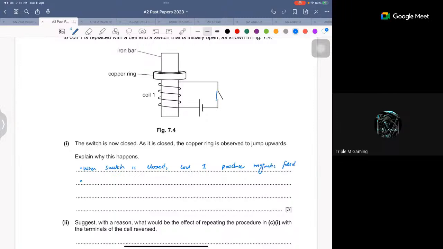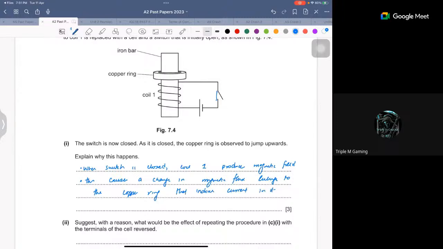This causes a change in magnetic flux linkage to the copper ring, which induces current in it.